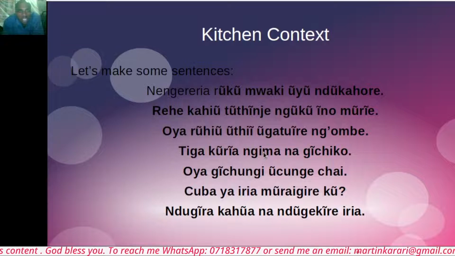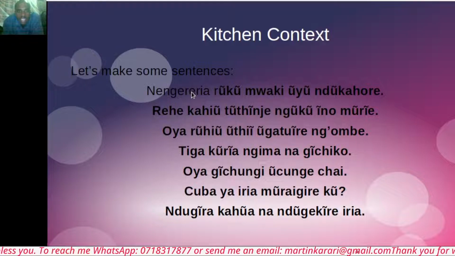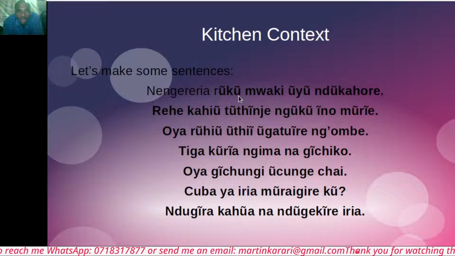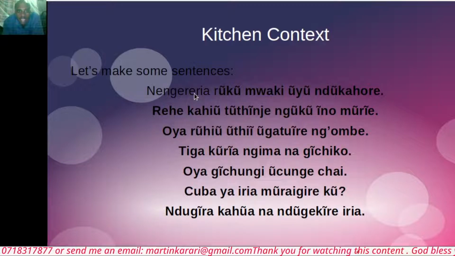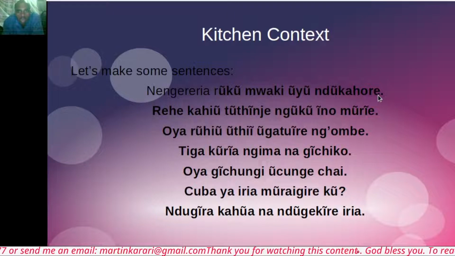We are in class, so you have some assignment here and there. Let's make some sentences using the words that we have just learned. The first sentence: negereria roko mwaki oyo doka hore.